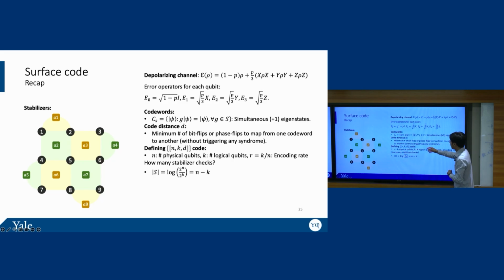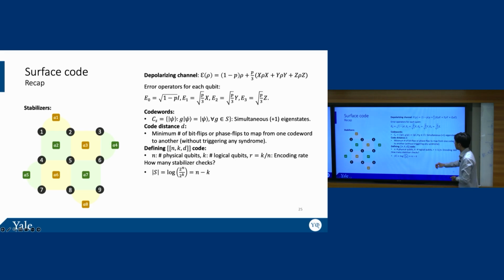The number of bit flips or phase flips required to map between logical code words is called the distance. In other words, if that many bit flips or phase flips happened to your code words, which map the logical 0 to logical 1, there's no way to detect them, right? So if there's fewer errors than that, you are mapping it to some other states that are -1 eigenstates of some stabilizers, then you can detect them.